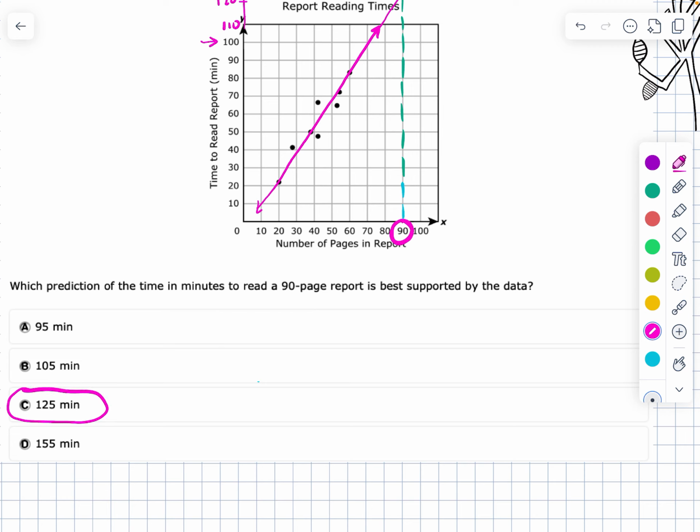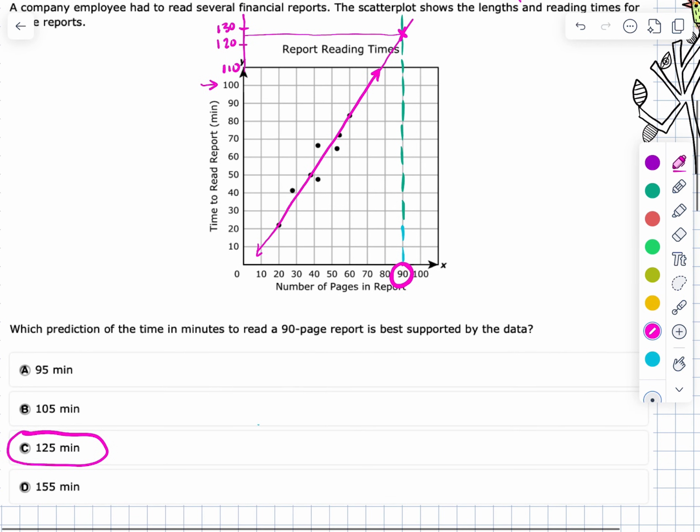If you're not comfortable doing this, I think it's pretty good because the closest one is 20 minutes from that, and this is 30 minutes from that. So we still have a lot of play in the numbers.